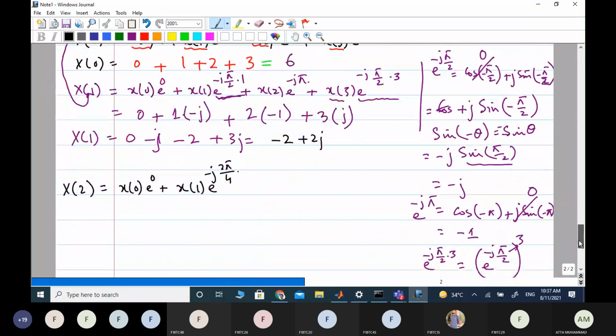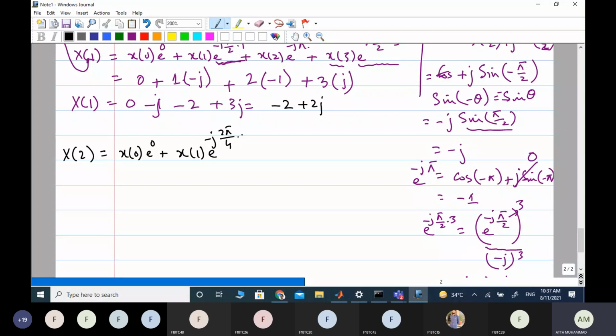So 2 times 2 is 4, plus x of 2, and finally x of 3 e to the power minus j 2 pi by 4.